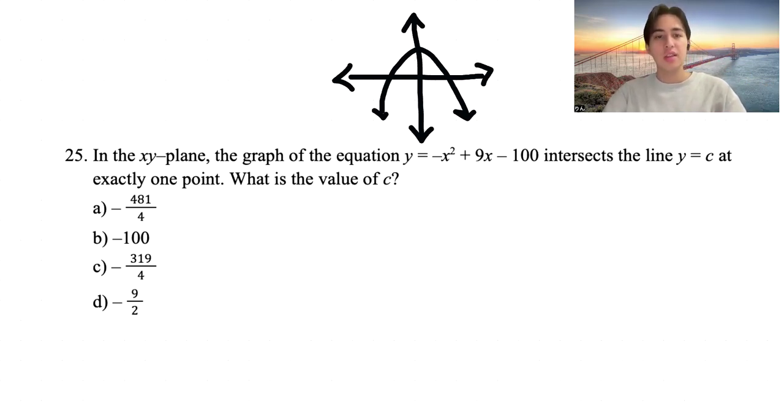Now they want us to find the value of c of the line y equals c. So y equals c only intersects the original equation at 1 point, and that 1 point can only be the vertex. That vertex is right here.